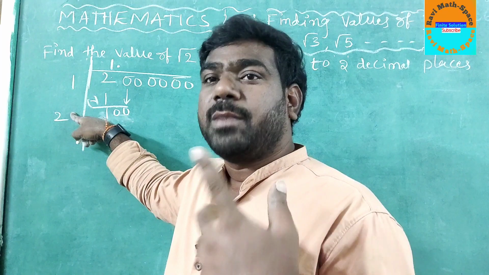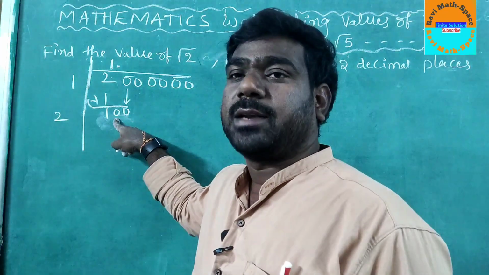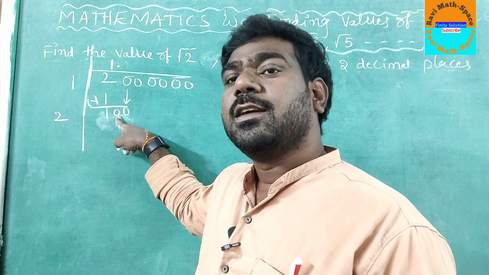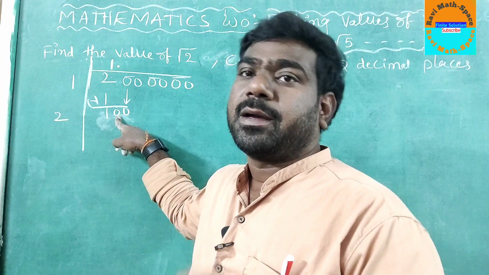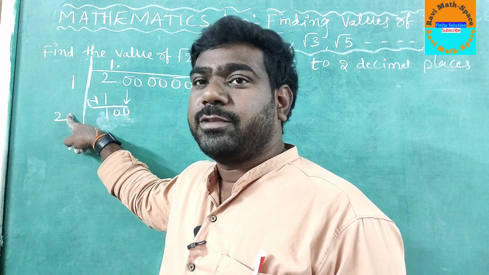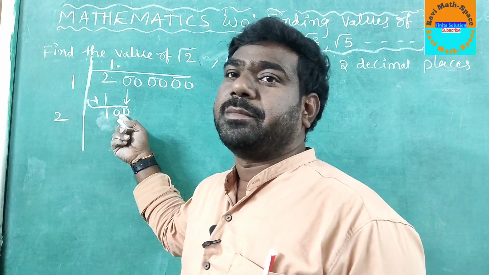That square, if I multiply, the answer should be the number itself or the nearest number. So which square should I take here to get either the nearest number or exactly that number?